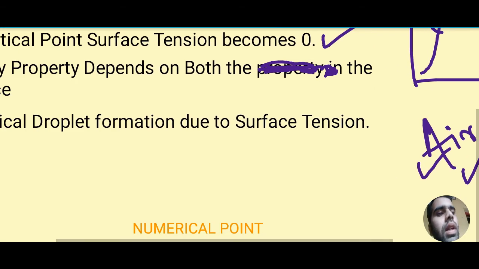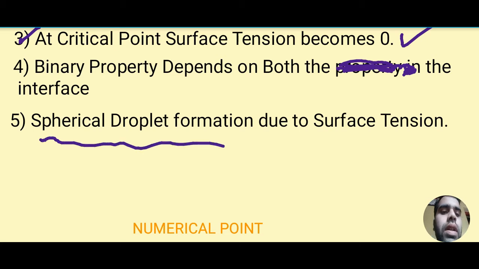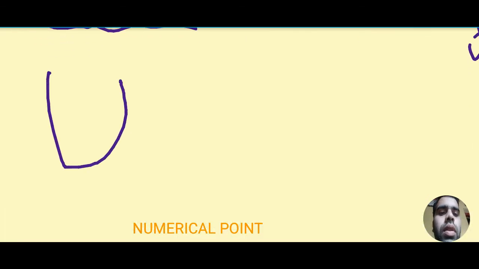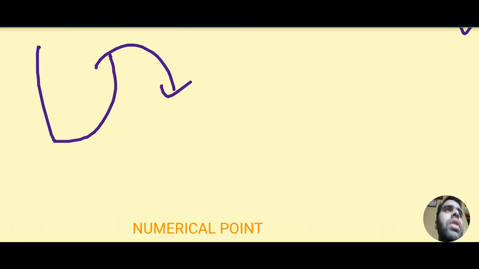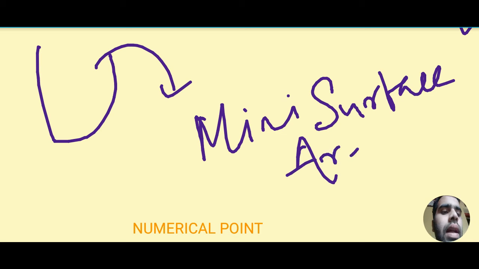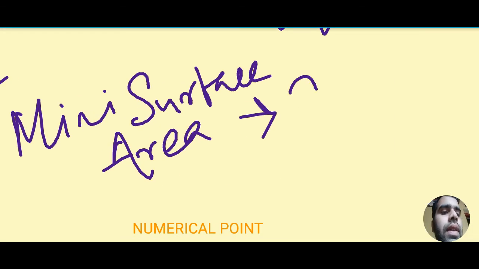Interface is single. And the fifth point is very interesting: spherical droplet formation due to surface tension. What actually happens when you pour some water? The water tries to acquire the minimum surface area, and this is due to the surface tension force.